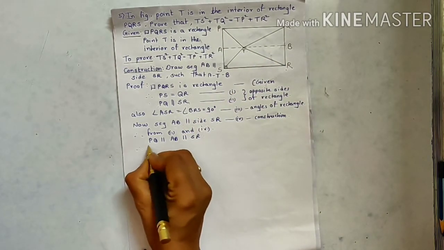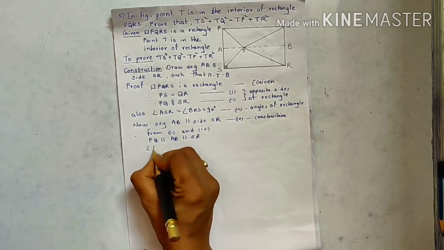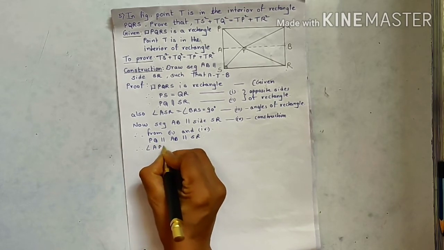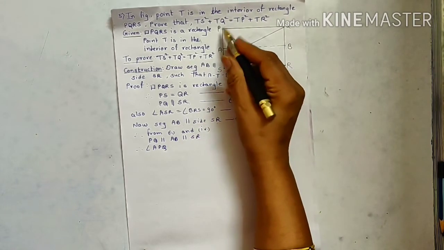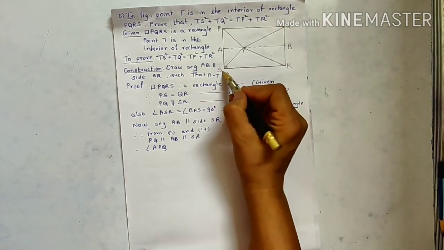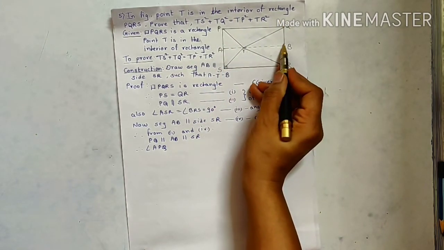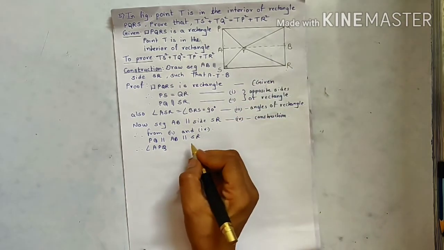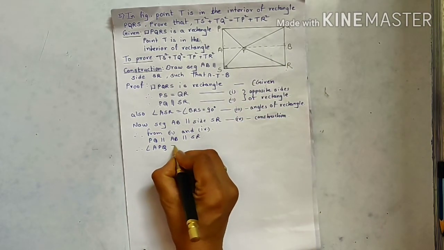Therefore we can write angle APQ, this angle APQ and angle SAB, both are corresponding angles.